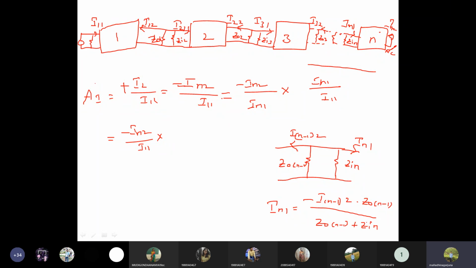You can write like this. Am I right? So from this I can write minus I of (n minus 1) 2 equal to that.